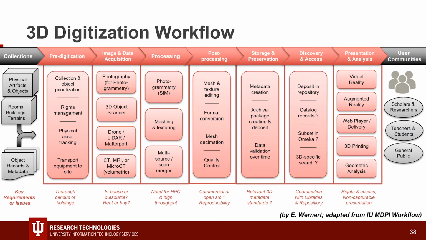And then for post-processing, you're going to have editing. You may have format conversion. Most of the things being spit out right now from our photogrammetry software: it creates a .psx, which is the proprietary format, but it also creates an OBJ, which is still technically proprietary, but seems to be what most folks in the industry are using at the moment.